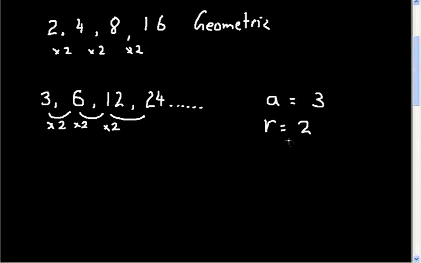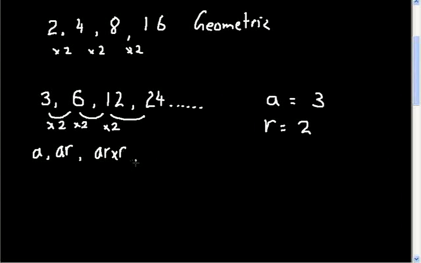Alright, so if I were to write this sequence using these notations only, the first term is just a. The second term is the common ratio times the first term, so that's a times r. And the third term is this multiplied by another common ratio, so that's a times r times r.